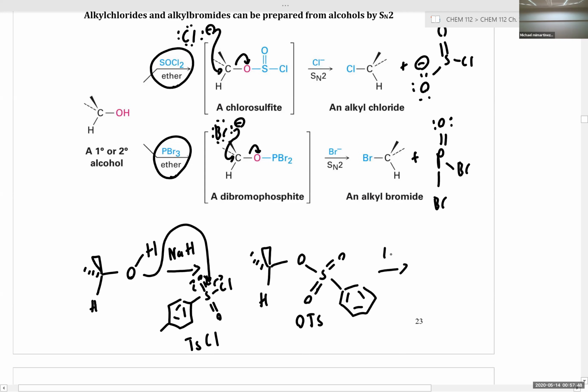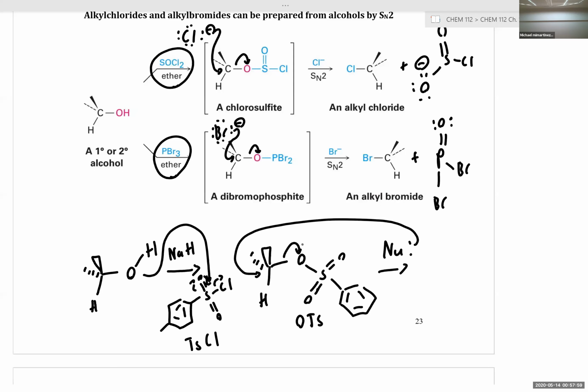And then you can do further chemistry. Reaction with nucleophiles for these tosylates occurs much more readily. This is another very common method of activating alcohols that you'll see throughout the chemical literature, generation of a tosylate.